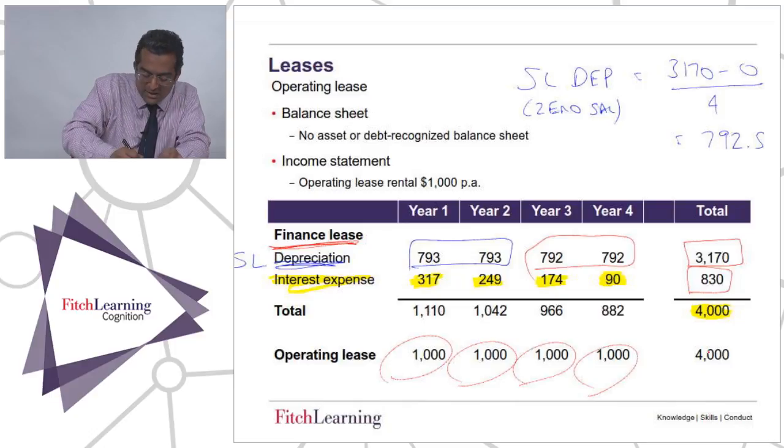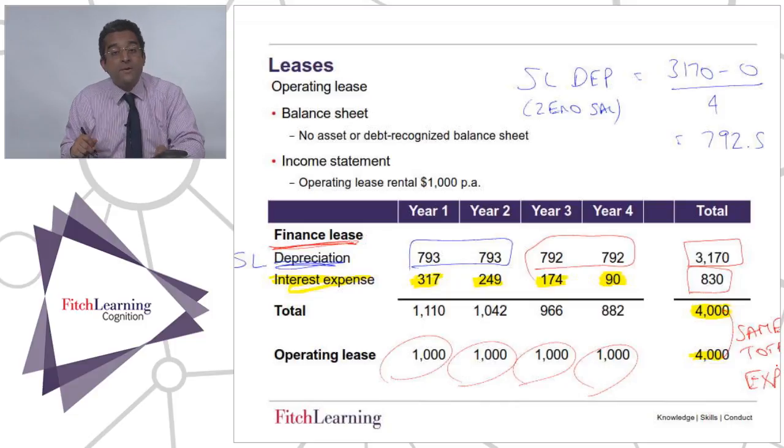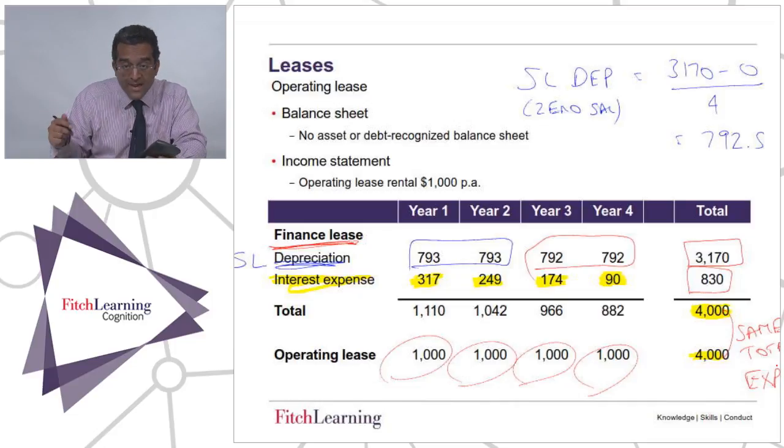Of course, over 4 years, it's the same overall amount. So, analysis: same total expenses, and also remember same total cash flows as well per year, but here, same total expenses in the end, but not the same expenses per year.